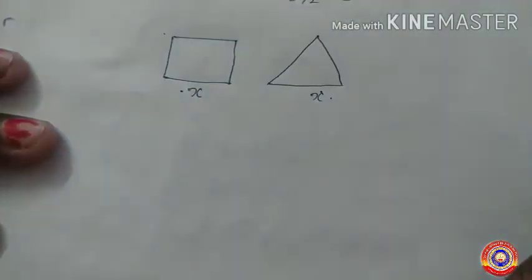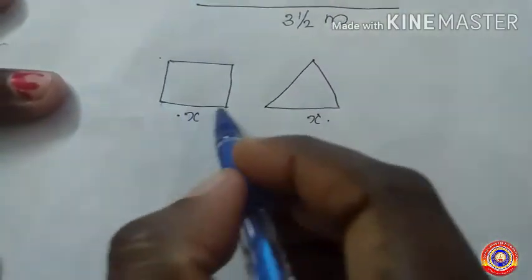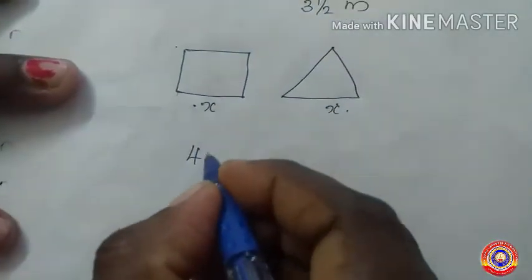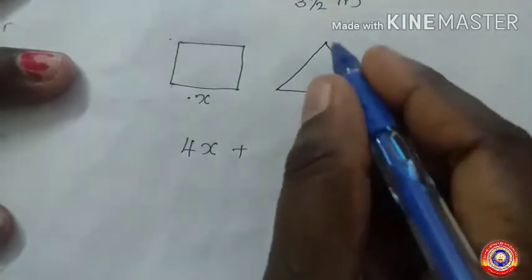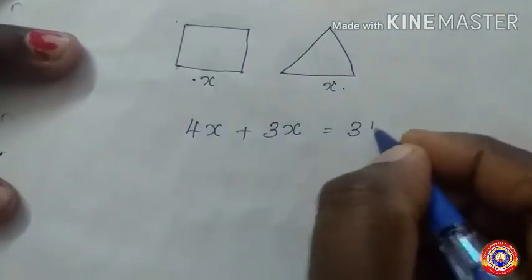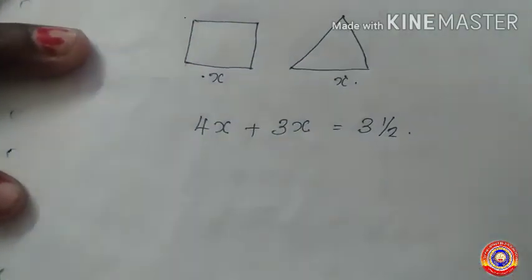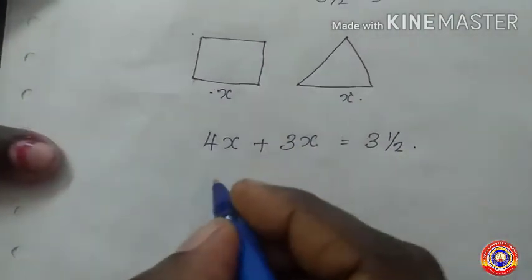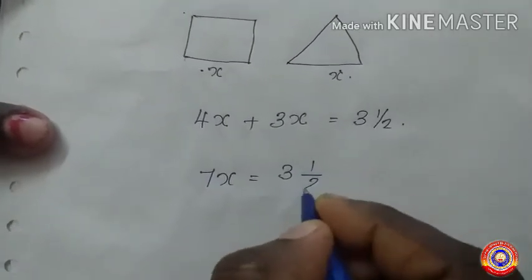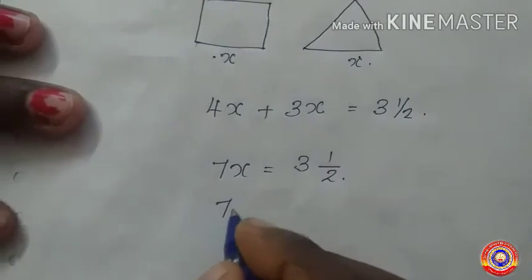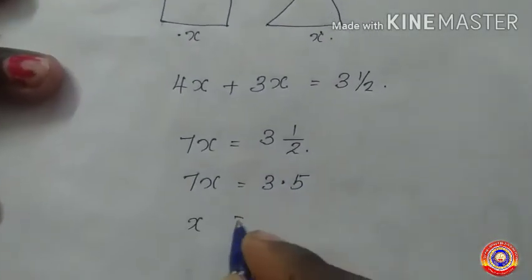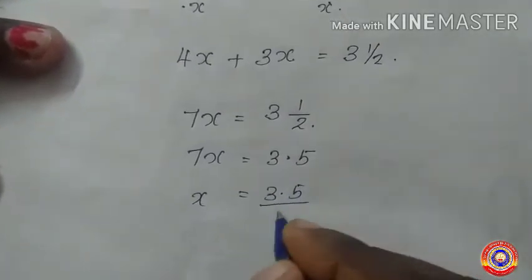So we can take the side as x. Here the length of the first piece becomes the perimeter of the square, so it is equal to 4x. And the length of the second piece becomes the perimeter of the equilateral triangle, that is 3x. Their sum must be equal to 3.5. So 7x equal to 3.5. x equal to 3.5 by 7.